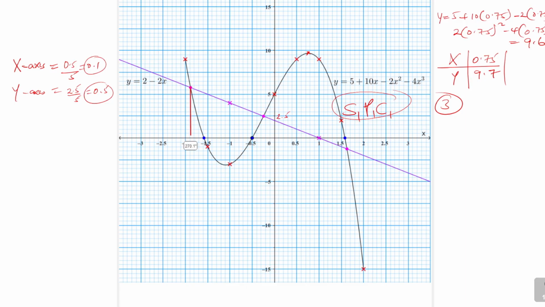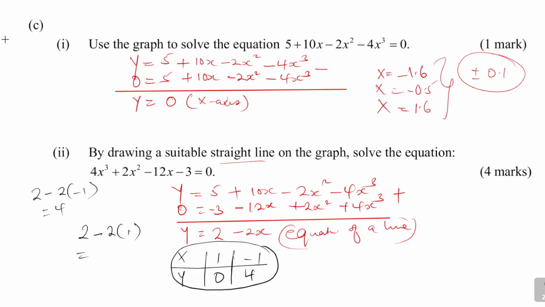You drop down and read the x coordinate of the point of intersection. This point is negative 1.9. So the first one will be x is equal to negative 1.9.